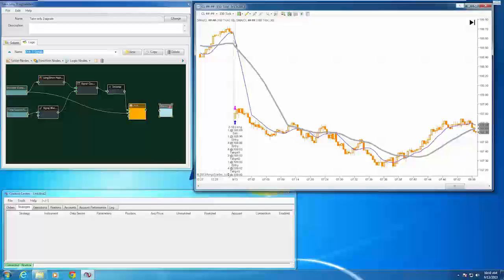for example here, you've got a crossover here, a crossover here, and a crossover here. So there's basically 3 little crossovers: 1, 2, 3.